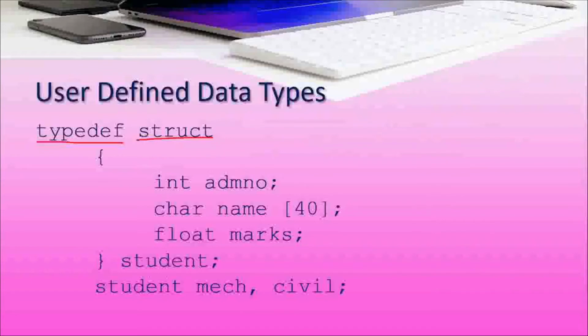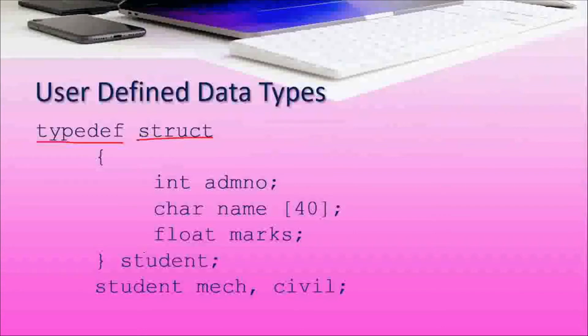Then student is a structure, but whenever you want to define two variables of the type student, again you will have to use the keyword struct student mech comma civil. That will create the variables mech and civil of this particular structure type student.